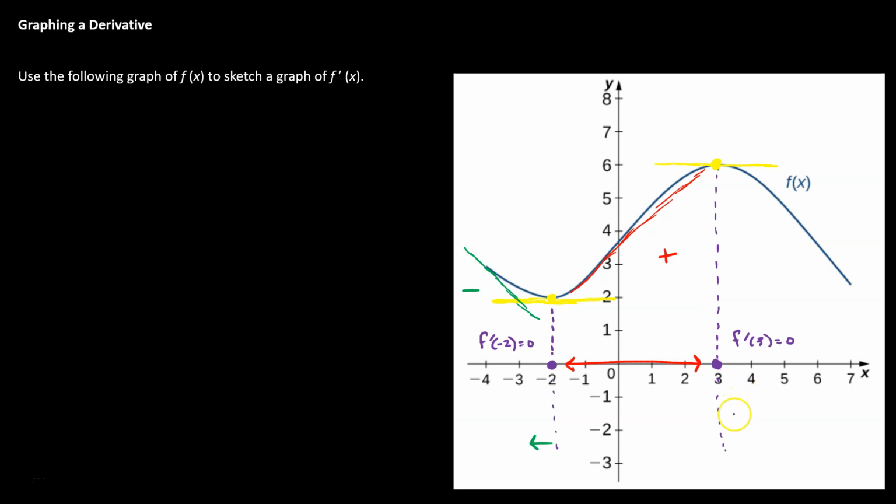And then when I'm on the right side of x equals 3, I can see that the slope of my tangent line becomes negative again. These signs, negative, positive, negative, they're going to tell me to either be above or below the x-axis.